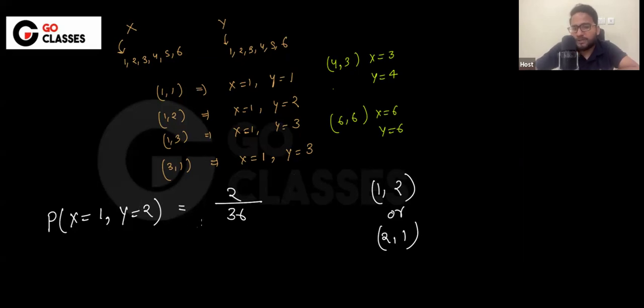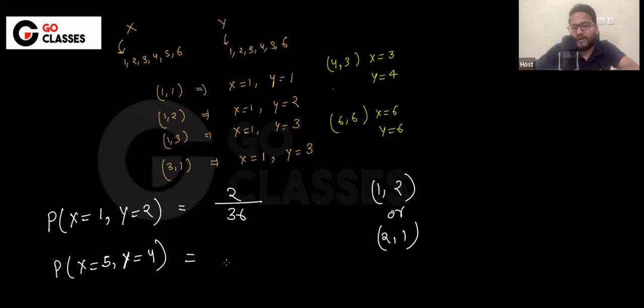Similarly, you pick anything. For example, probability of x being, let's suppose, 5, y being 4. What is the probability here that you assign x as 5 and y as 4? Is this even possible?